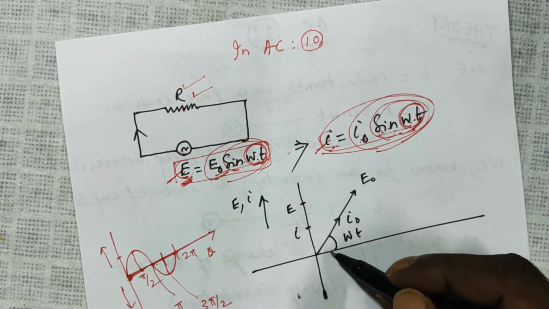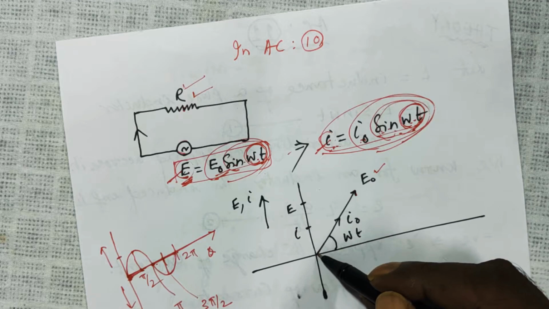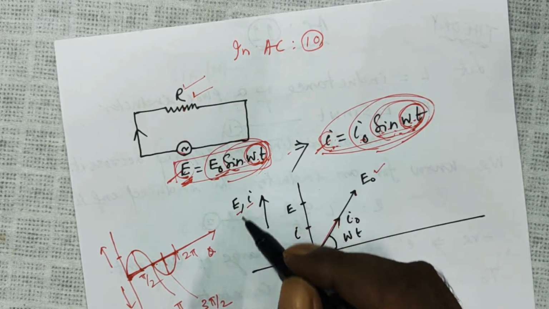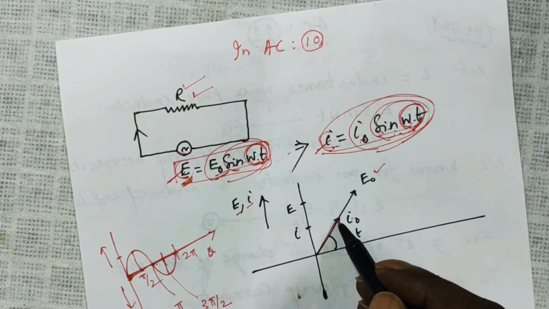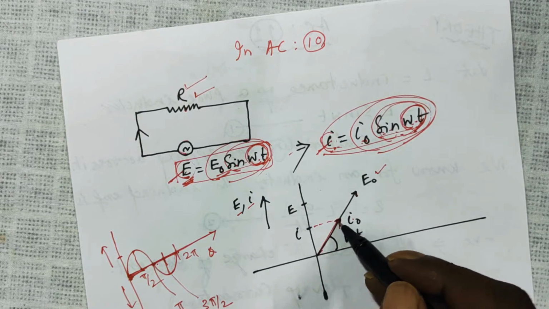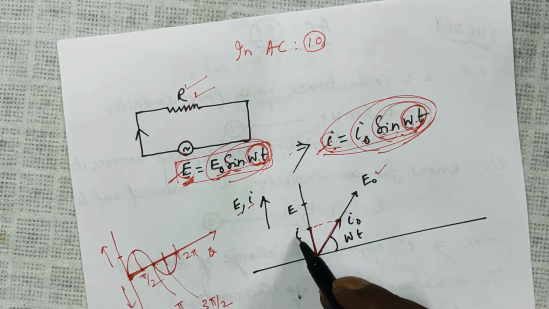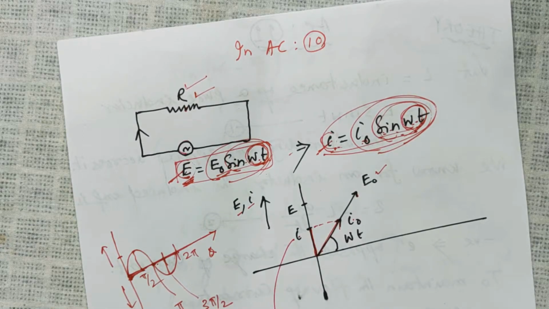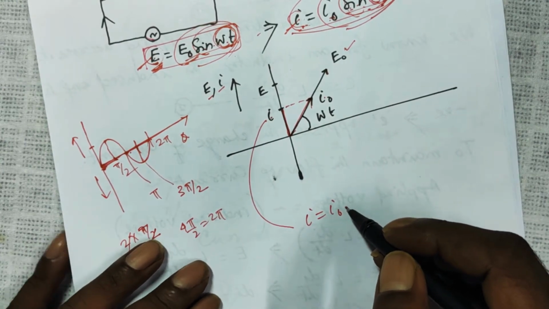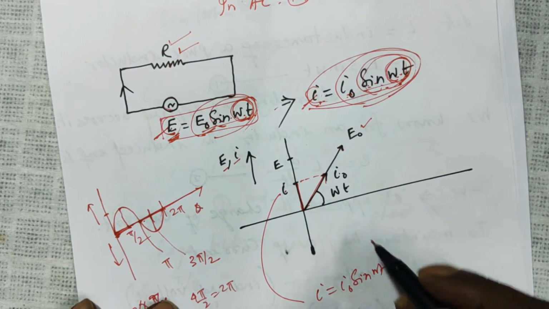And they were identical. This was your vector representing E naught. This is the vector representing I naught. On the y-axis, EMF and I were taken. When a perpendicular was drawn from here, that is the projection of this vector along the y-axis, this part was giving the instantaneous value of I, that is I is equal to I naught sine omega t.